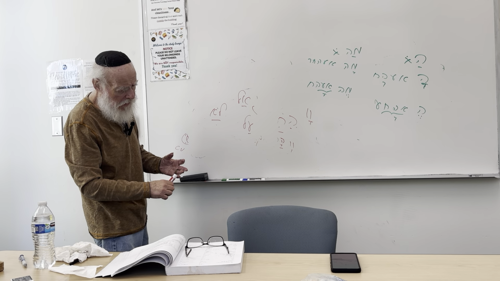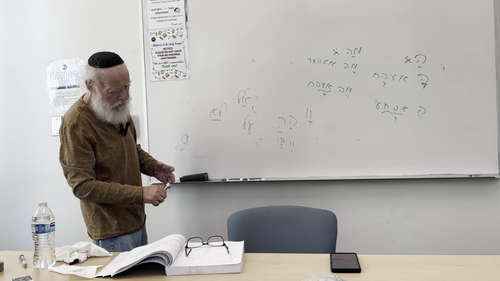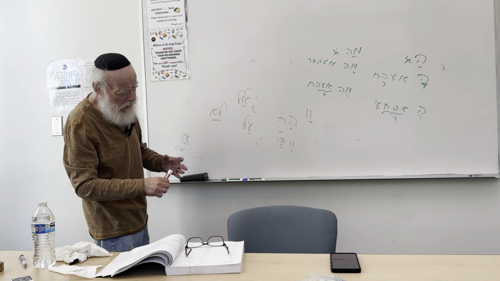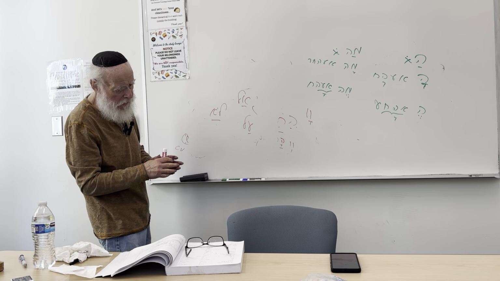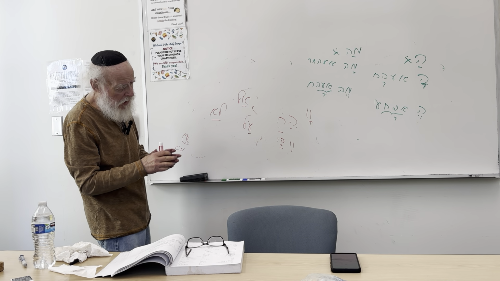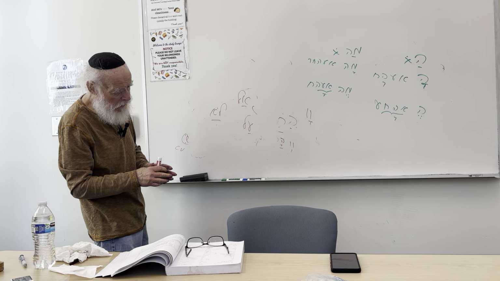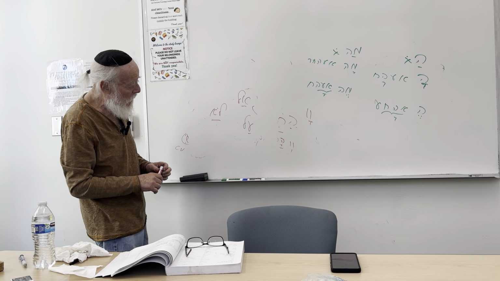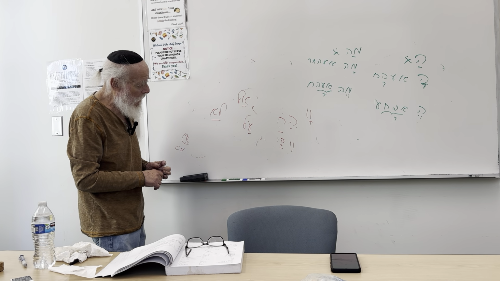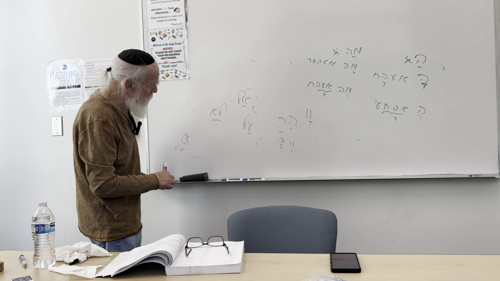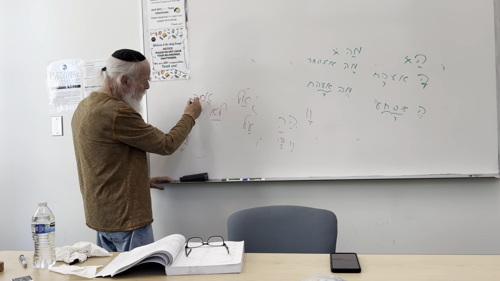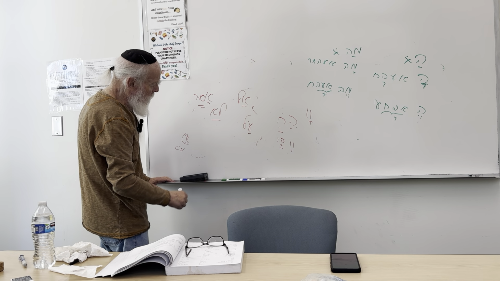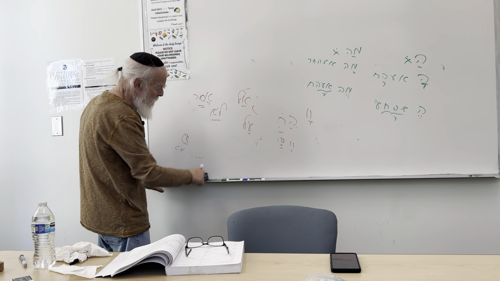Lo tirtzach, lo tignov. Not, with the word lo, implying under no circumstances are you to murder, steal, stuff like that. There's another word, asur. Asur means prohibited. There are multiple words that imply negative behavior, but lo is permanency.